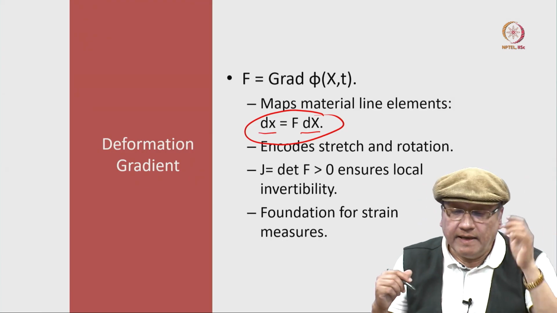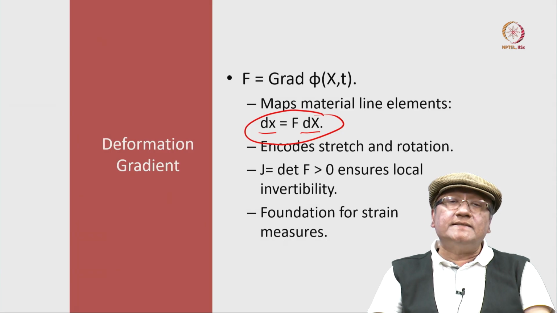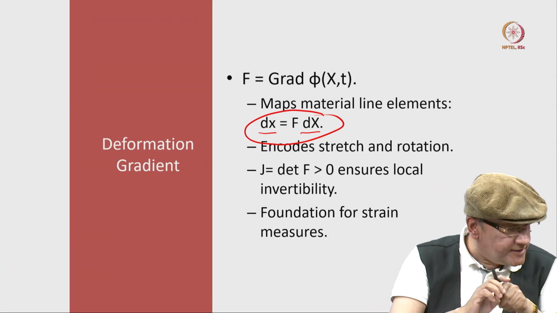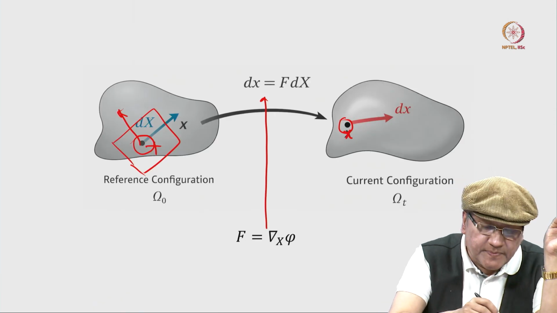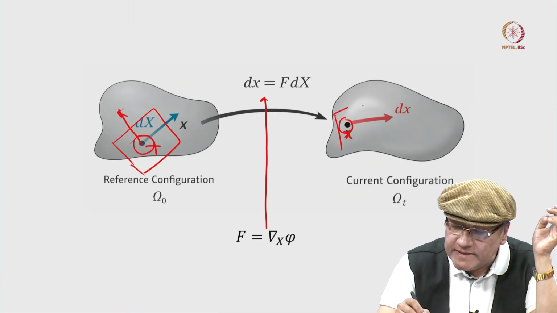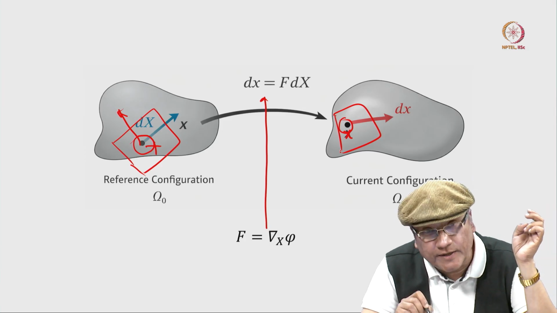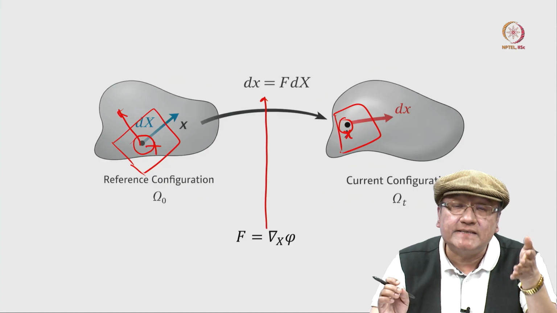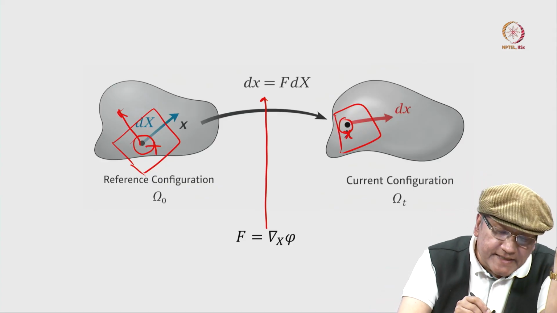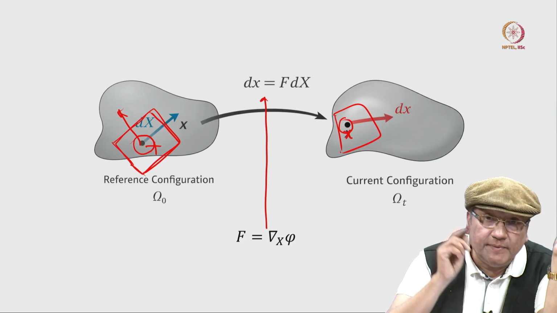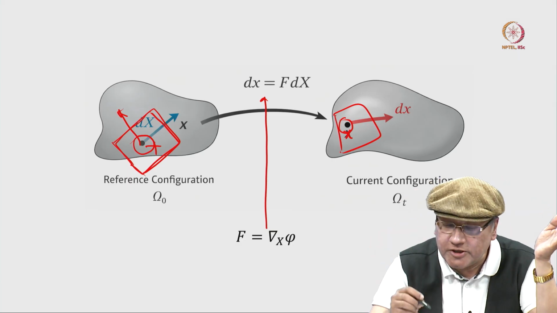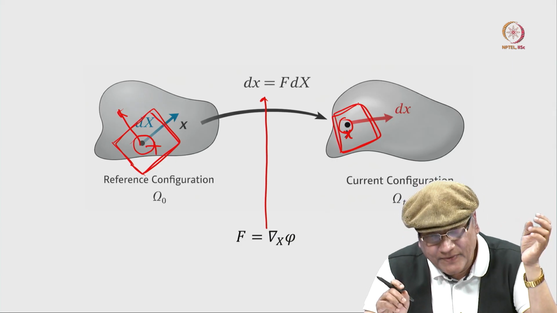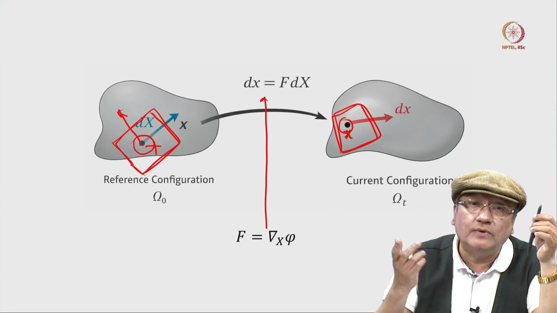This F is important because, as I was talking of tangent spaces, in the previous slide this is a tangent space, and this is the corresponding tangent space for the small x point in the deformed body. So essentially F is carrying information from this tangent space in the material body, or the undeformed configuration, to this tangent space in the deformed body. So this is essentially what F is doing.